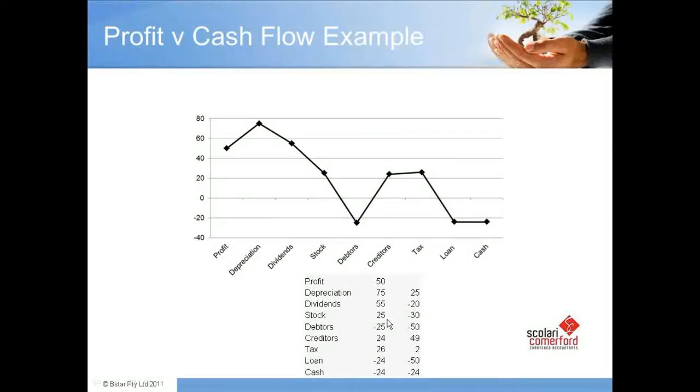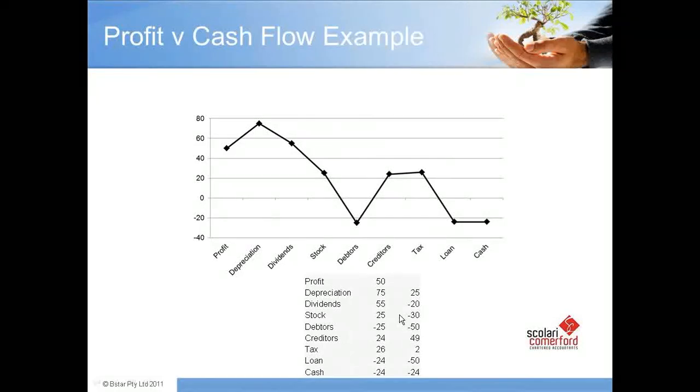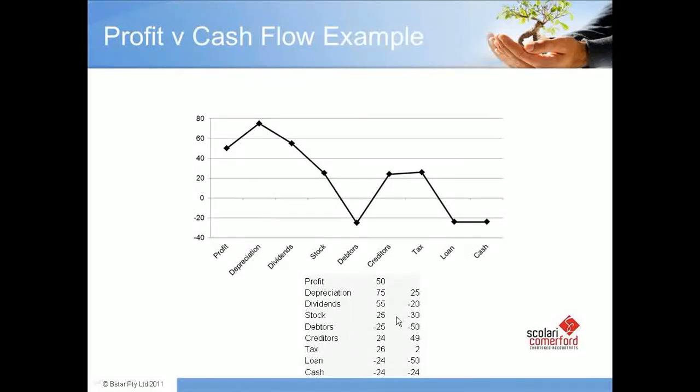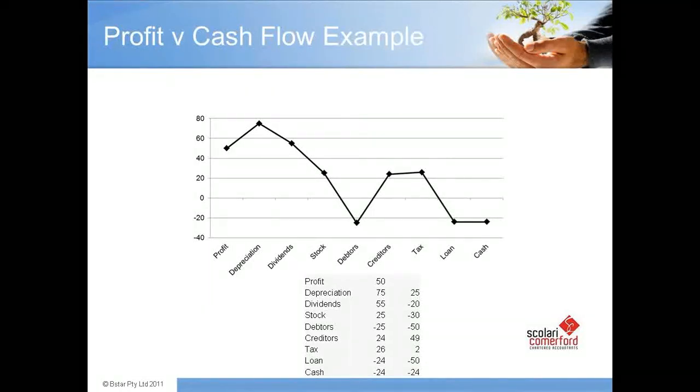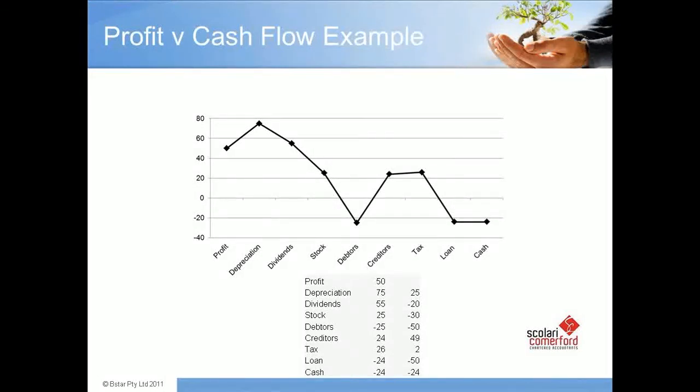Well, we'll say, look, you need to look at some of the key drivers, such as your debtors and your stock. So how quickly are you turning over your stock? Are you buying stock unusually early? Perhaps sometimes there might be some supplier discounts, but that's okay if you understand that. But can we do something else with our cash flow?